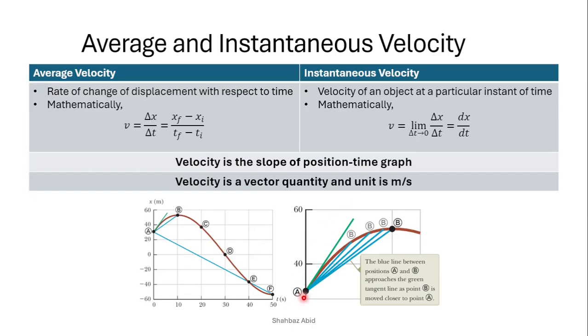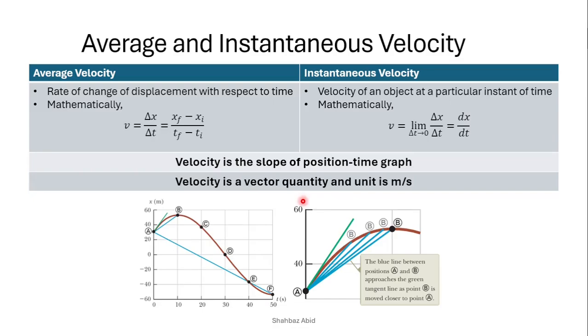So for calculating the instantaneous velocity, I have to know the function of this graph if it is non-linear, and I have to take its derivative with respect to time. The velocity is a vector quantity, so it has direction.